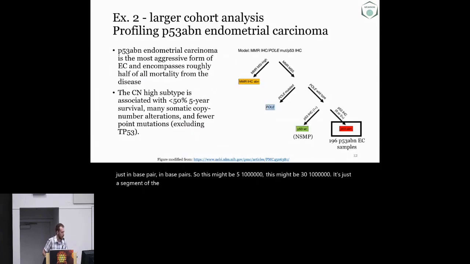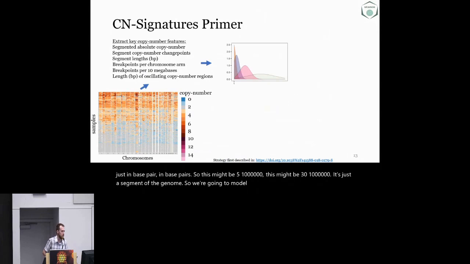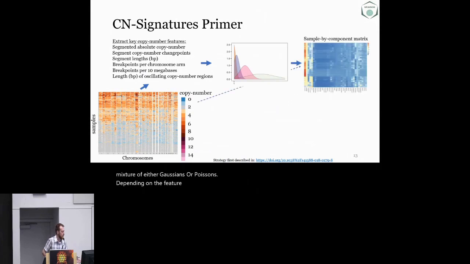So we're going to model that using a mixture of either Gaussians or Poissons, depending on the feature involved. And then we're going to take those samples and calculate a sum of posteriors vector for what the probability of each sample belonging to each component was. So each component is each individual curve.